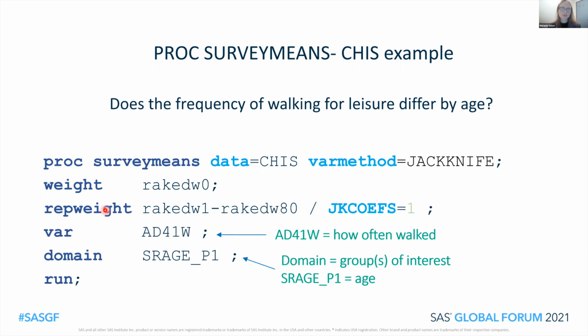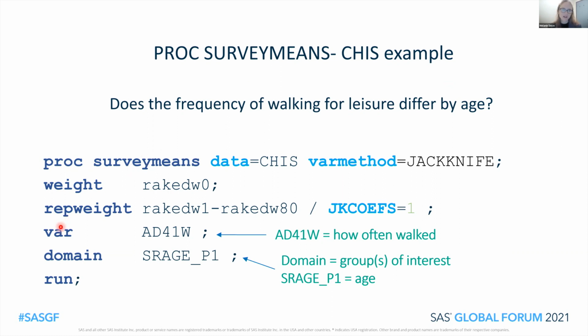And so for most of the SAS codes, the first part will be similar. So for PROC SURVEYFREQ and PROC SURVEYMEANS, the variance method, the weight variable and the rep weight variable, this part of the code was similar. And so once we get this part down, it's fairly straightforward to do PROC SURVEYFREQ or PROC SURVEYMEANS.